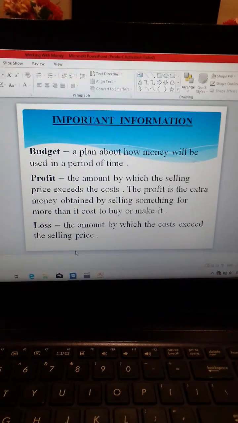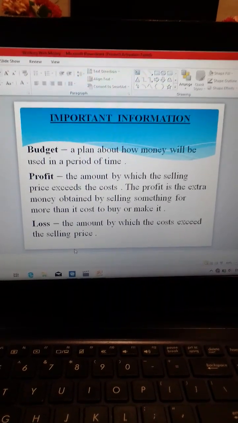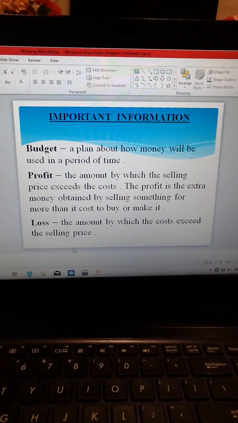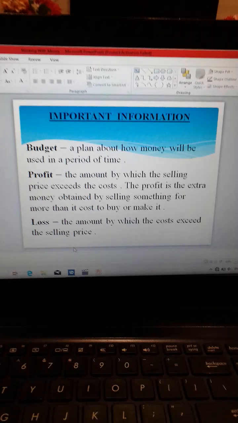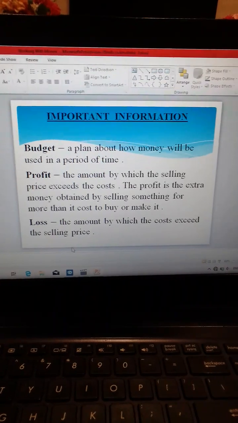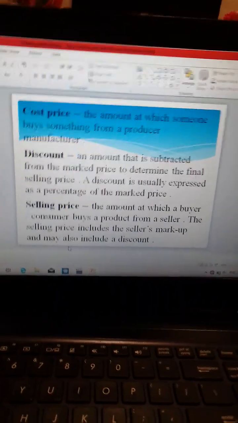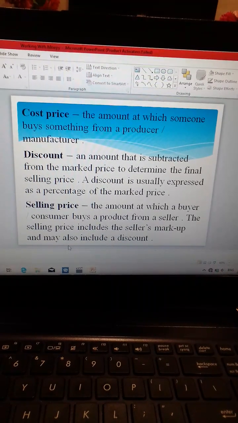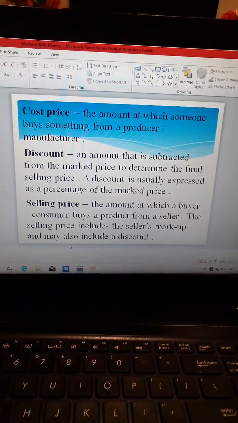Okay? Profit is a gain in money. Loss is the amount by which the costs exceed the selling price. So loss is the amount of money lost in a transaction. The cost price is the amount at which someone buys something from a producer or manufacturer.